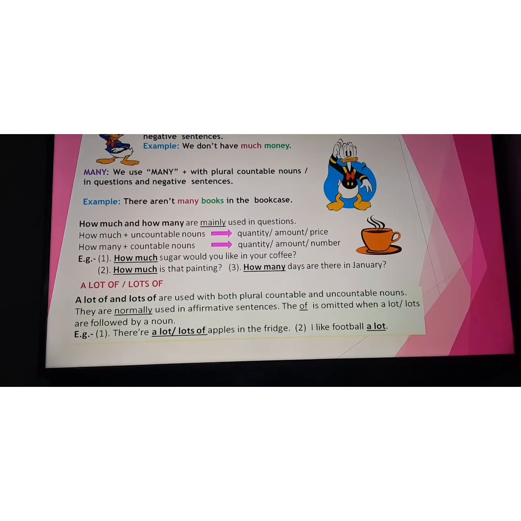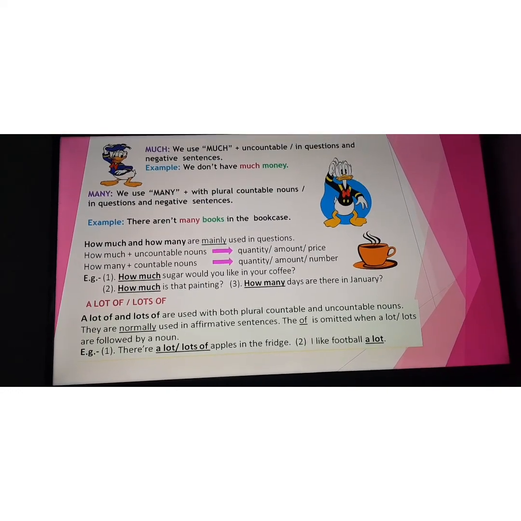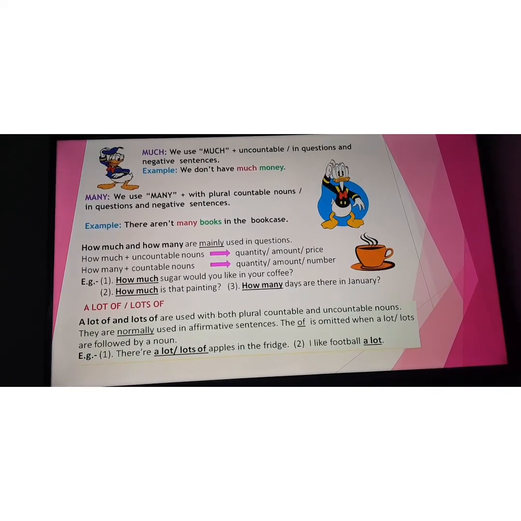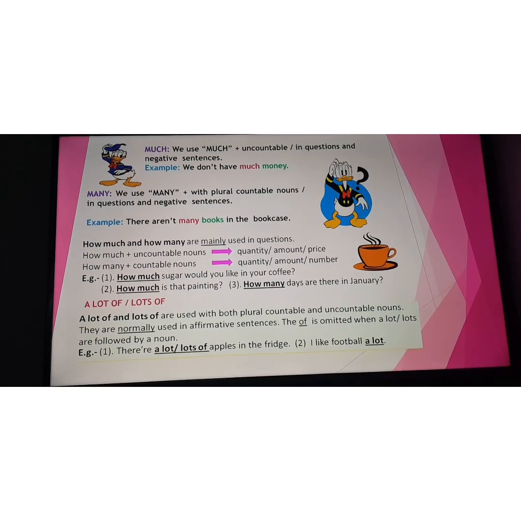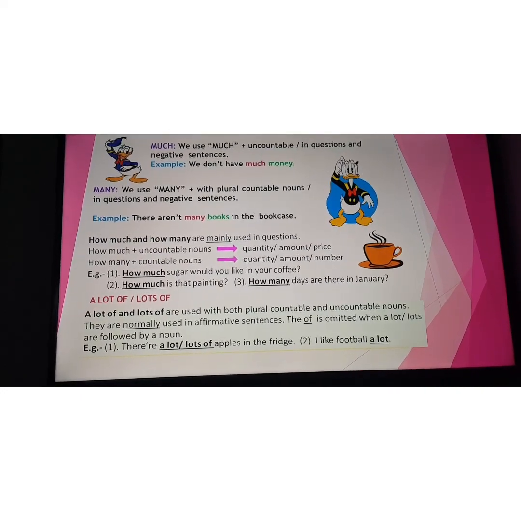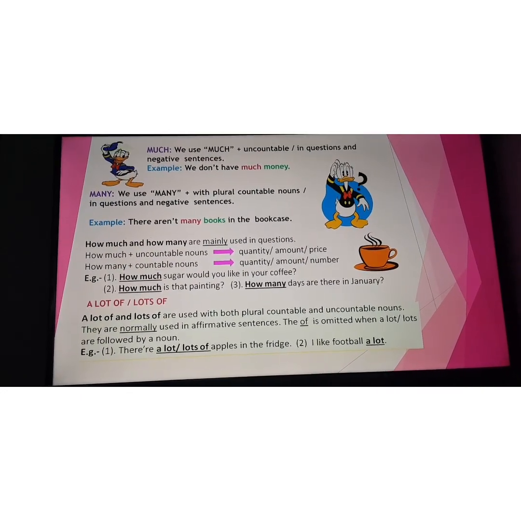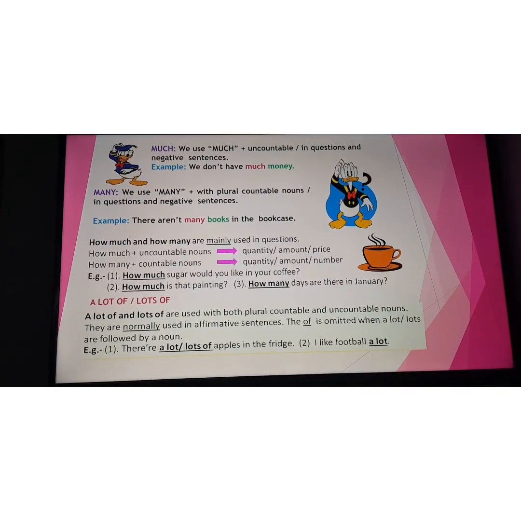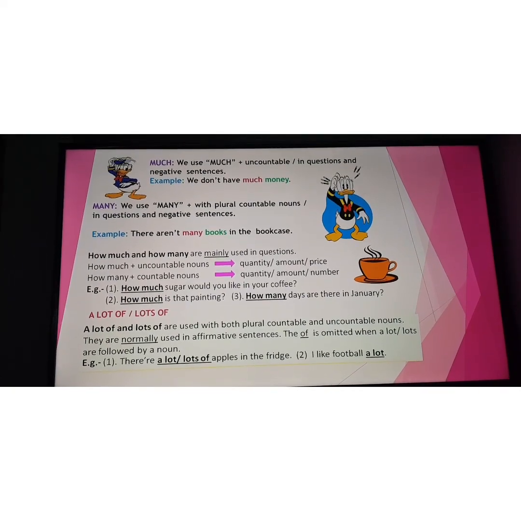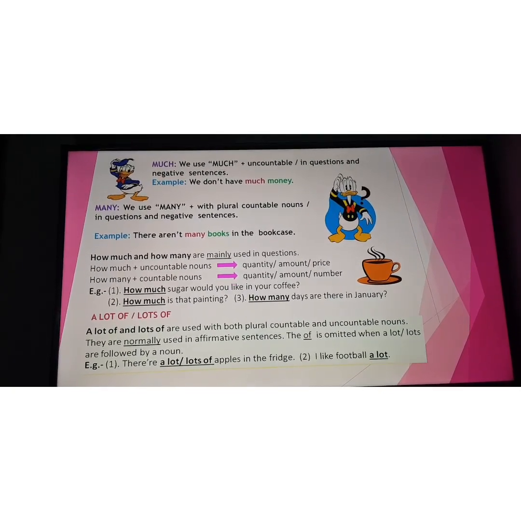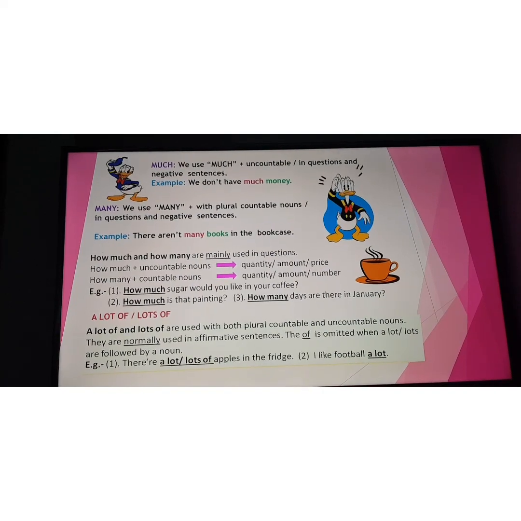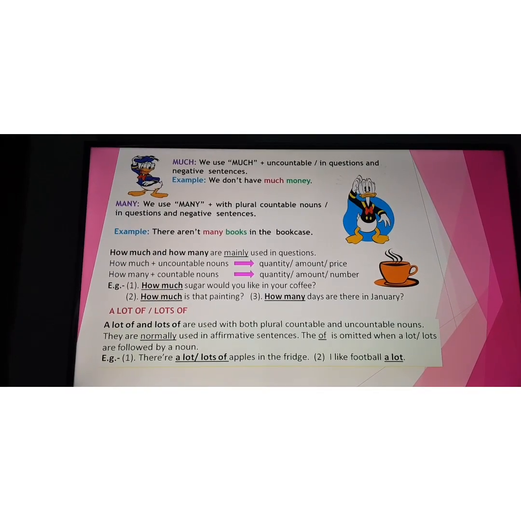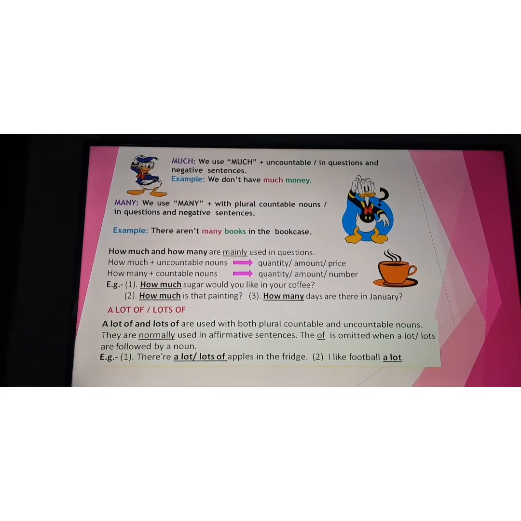They are normally used in affirmative sentences. The word of is omitted when a lot or lots are not followed by a noun. For example, the first one, there are a lot of or lots of apples in the fridge. The second one, I like football a lot. We don't use of, okay? Pay attention to this recommendation when writing sentences with the quantifier a lot of or lots of.